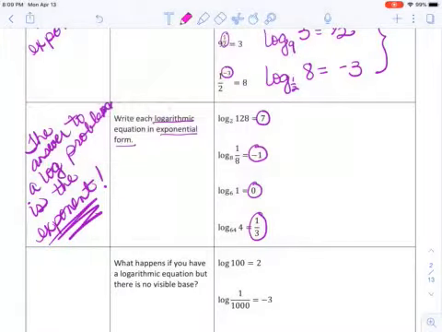And just because I can, I'm going to change colors. Okay, so putting it back to exponential form, what's my base? Remember, my base is always this little tiny number that's being written.